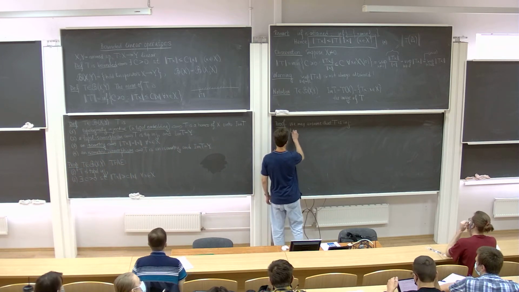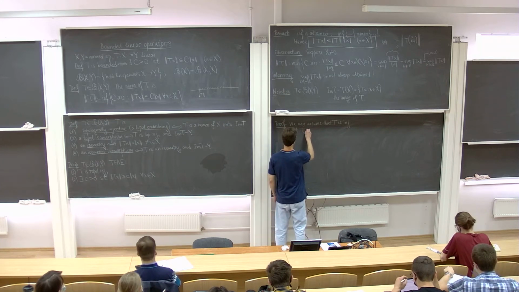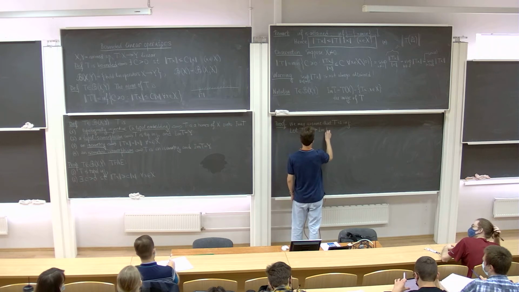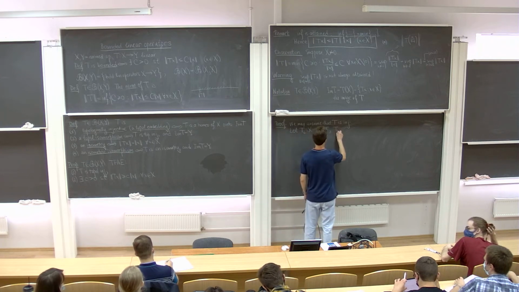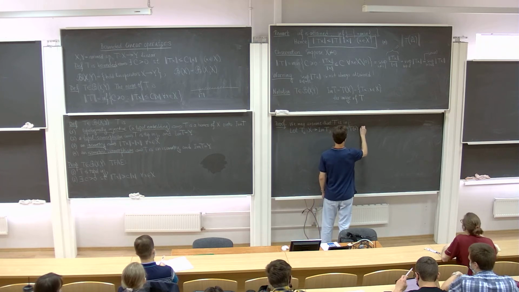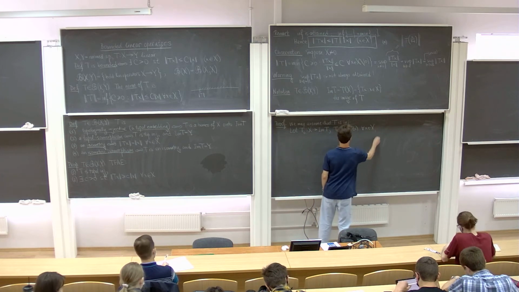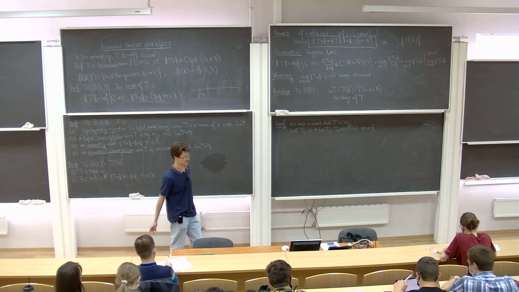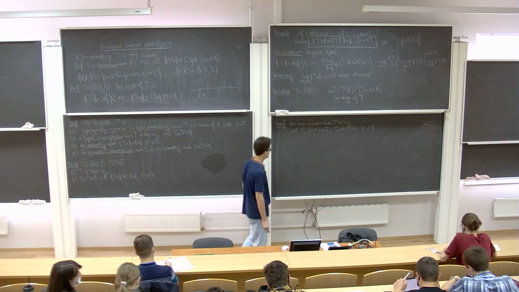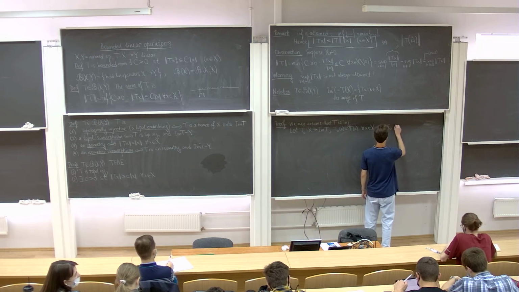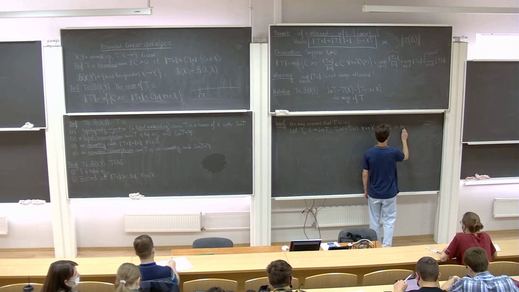And let's denote by T0 the operator from X onto the image of T, which acts by the same rule as T. Essentially the same operator, but we consider it as an operator from X onto the image of T. So T0 is bijective.